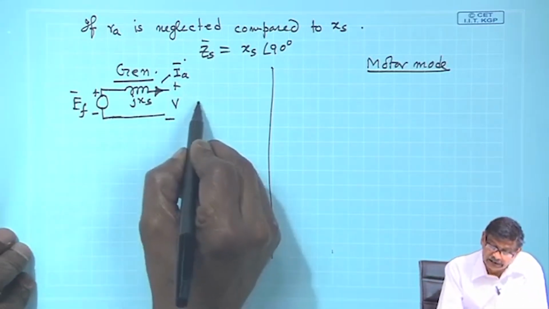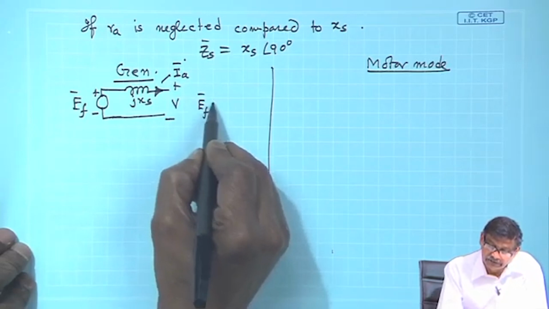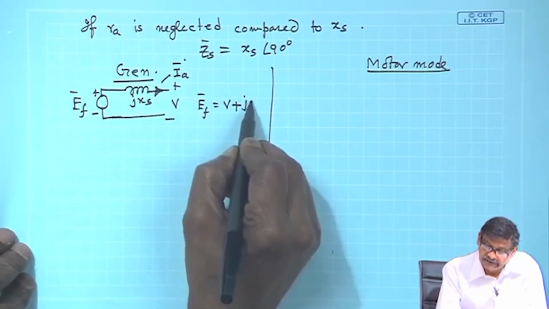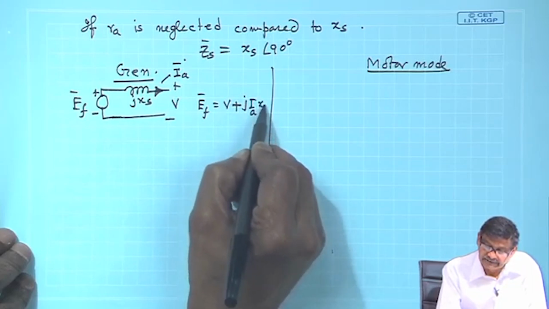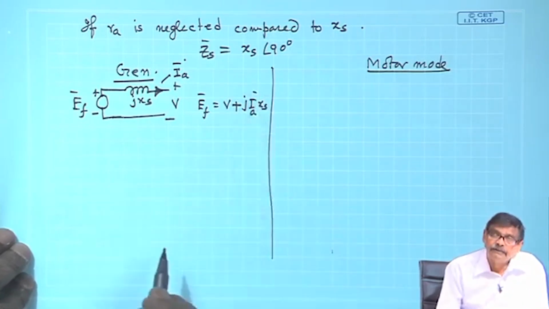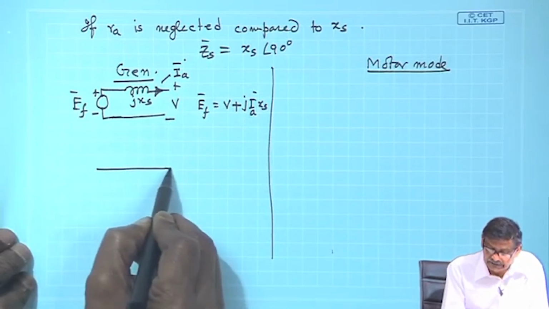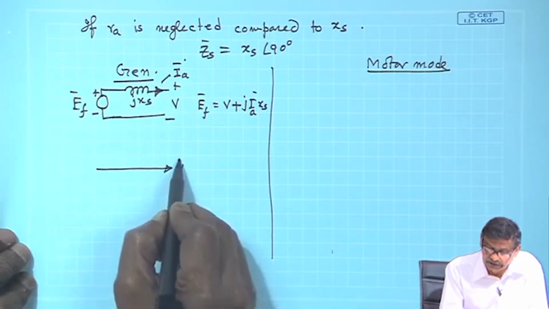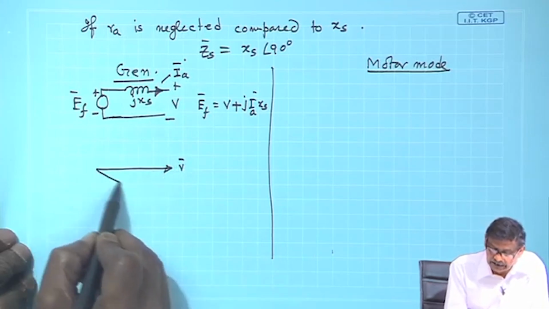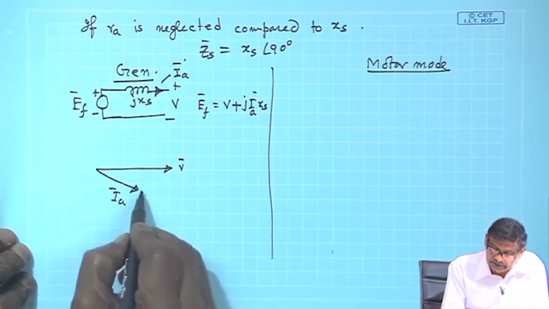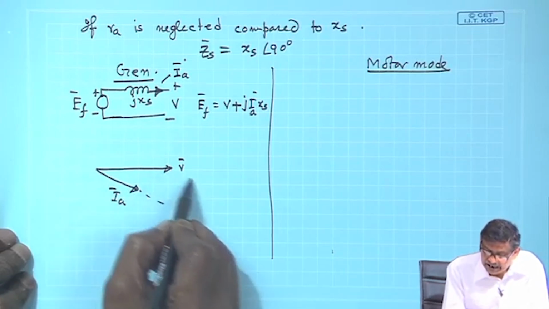Then I know that E f is equal to V plus J I A x s. Now, if it is lagging power factor, I will draw it like this: begin with terminal voltage V, suppose lagging power factor I A, then there is no I A R A now.